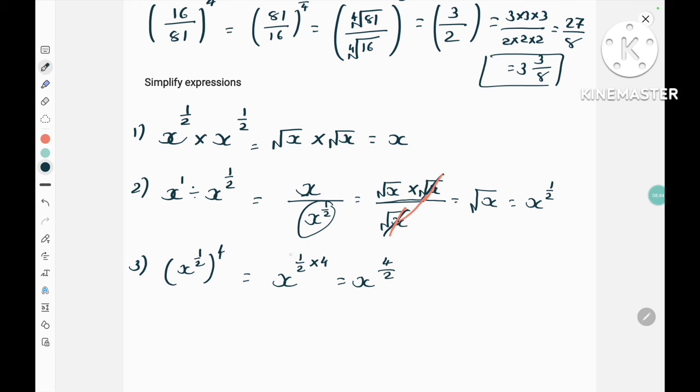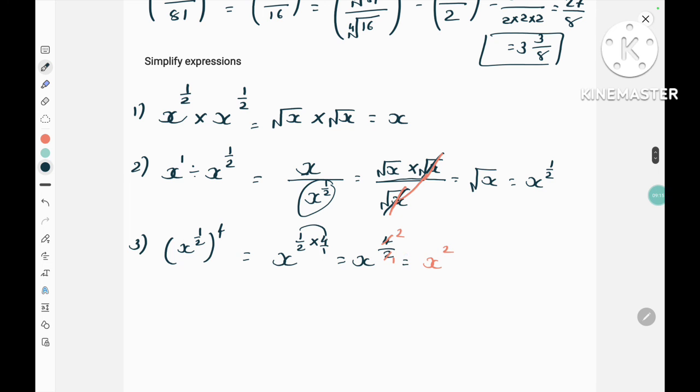Numerator to numerator we multiply. So 1 times 4 is 4, and 2 times 1 is 2. So 4 over 2, and if we simplify, 2 over 1, because 2 times 2 is 4 and 2 times 1 is 2. So x to the power of 2 remains. This is the simplest answer.